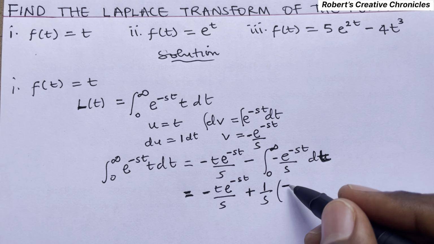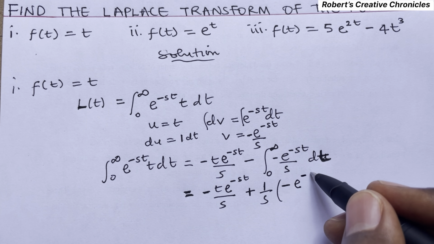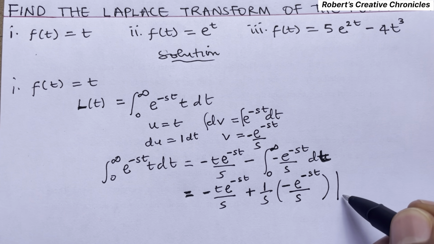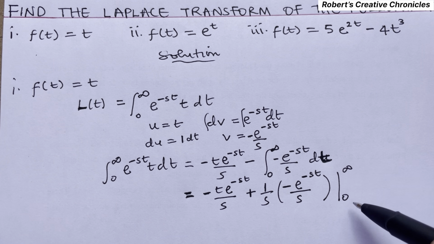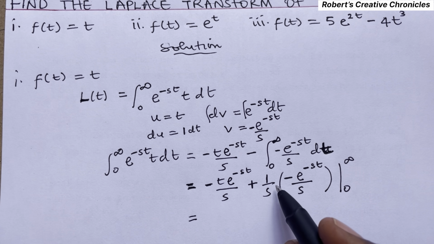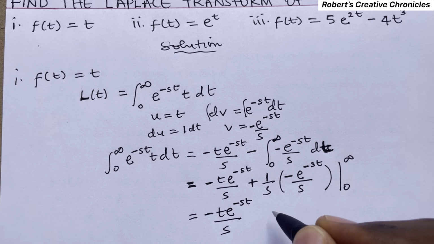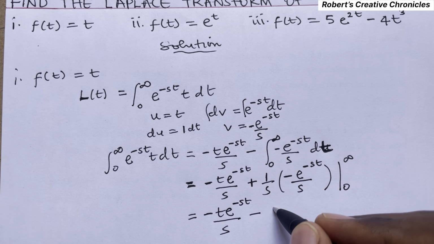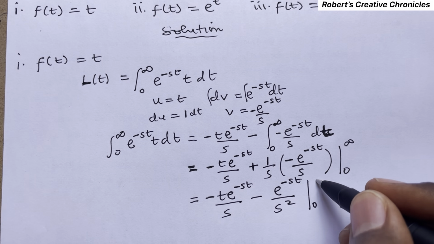The derivative of the exponent is minus s, so it will be negative exponential minus st over s. Now we can substitute the two limits, 0 to infinity, in the full integral. But first, let me open the bracket. So it's minus t exponential minus st over s, this becomes negative, exponential minus st over s squared, from 0 to infinity.